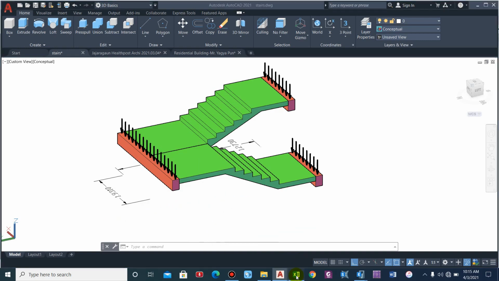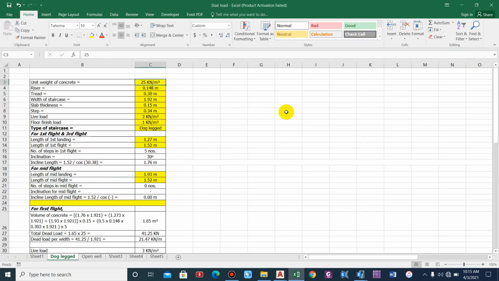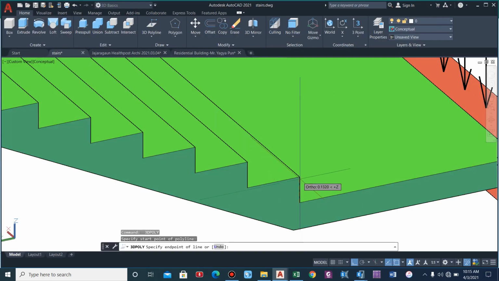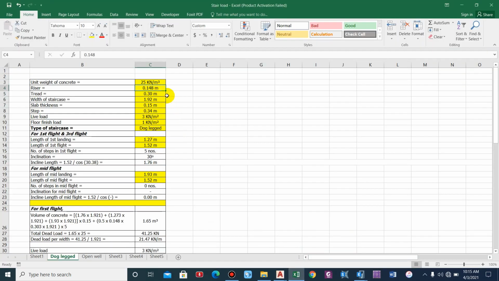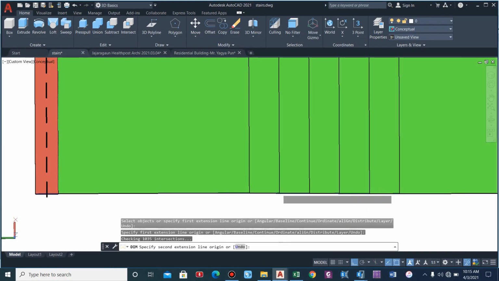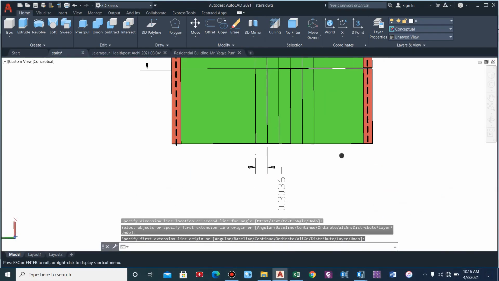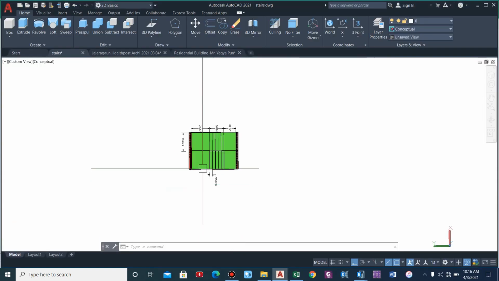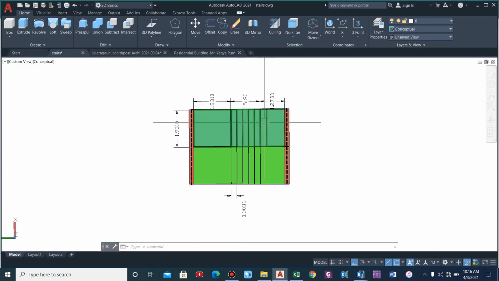So I have made an Excel sheet for this. Unit weight of concrete is 25. Now let us take the riser. Here you can see the riser is 0.148 meter. Similarly tread, it is 0.3036. Similarly width of staircase, as I have said, it is 1.9310.